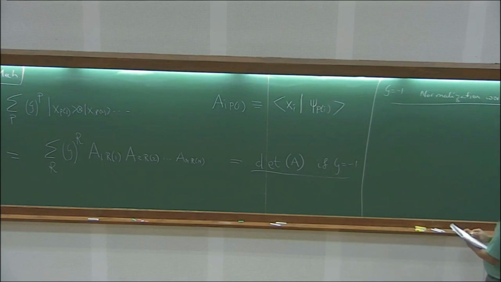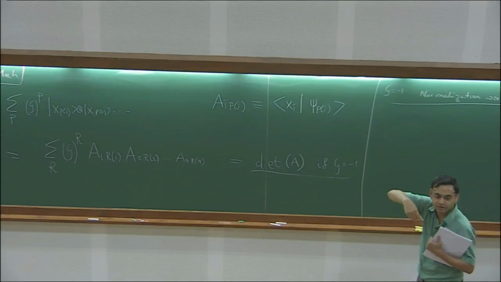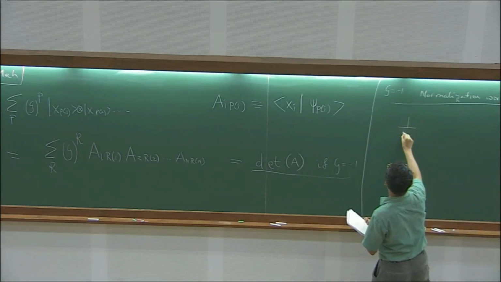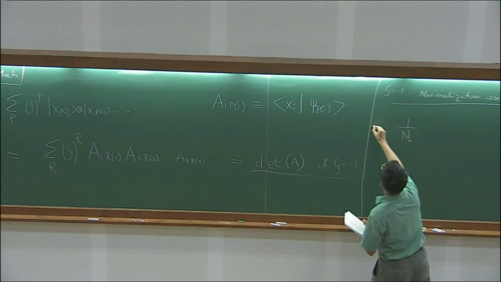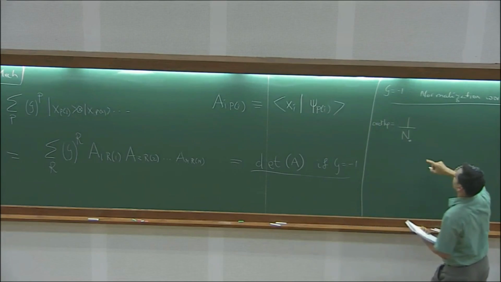That's the statement. And the way you show that is, again, you take the ket and take its complex conjugate. You have a sum over two permutations. So let's write it this time explicitly. You have a 1 over n factorial. I'm writing the overlap of a state with itself.